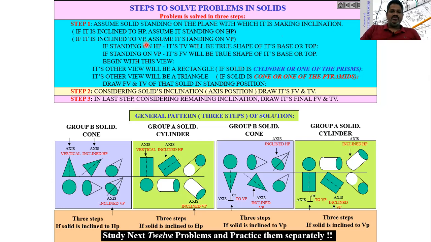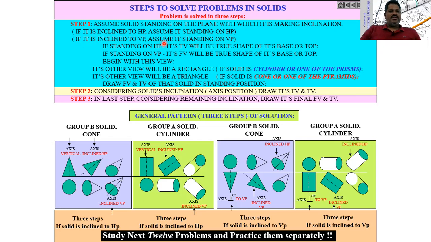If it is inclined to VP, assume that it is standing on VP, like this. If a solid is making some angle with HP, assume that it is lying on HP. If the solid base is making some angle with VP, assume that the base is lying on VP.